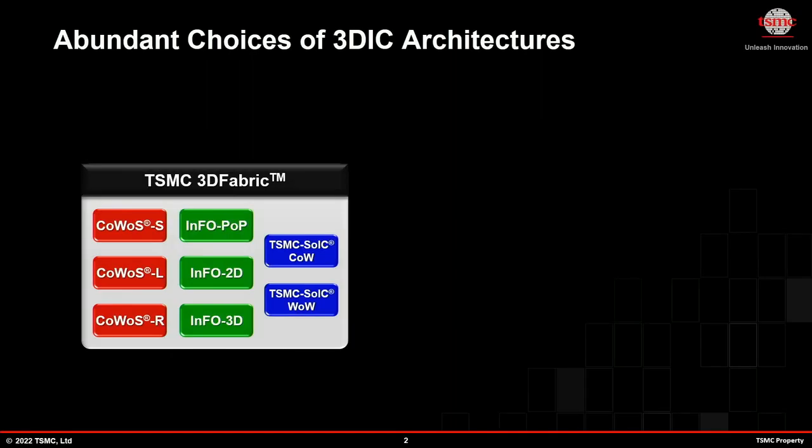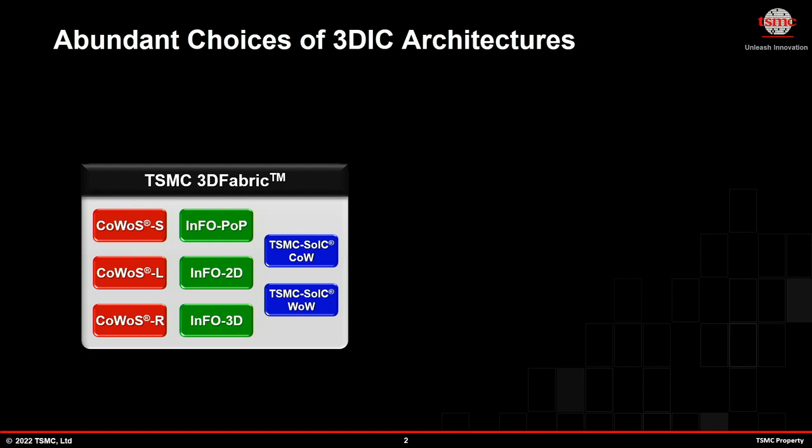So let me start with our TSMC 3D Fabric offerings. Starting from the very left, we have a very successful CoWoS platform that has been used in many high-speed HPC applications. From CoWoS, we have a new architecture we call CoWoS-R, which replaces the CoWoS silicon interposer with InFO, our RDL interposer, as the interposer type.